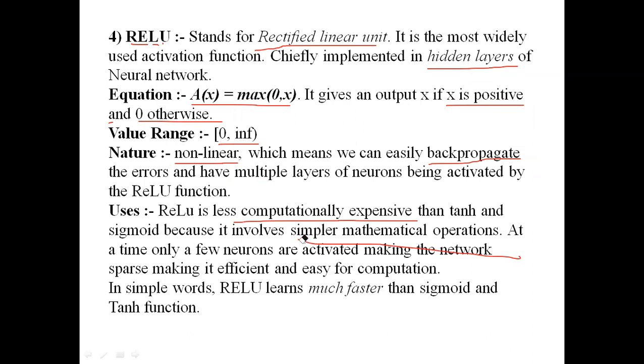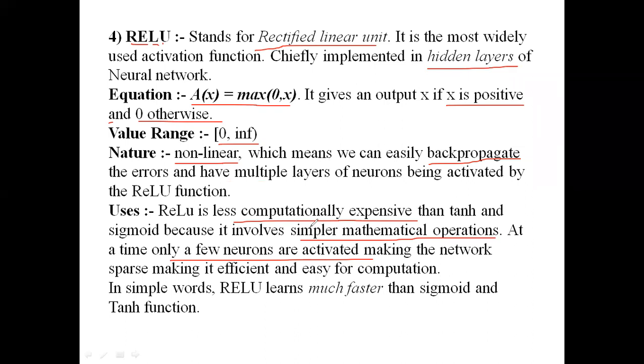It has only some simpler mathematical operations at a time. Also, at a time only a few neurons are activated, not all neurons. So because of these two reasons, it is a very simple computation.